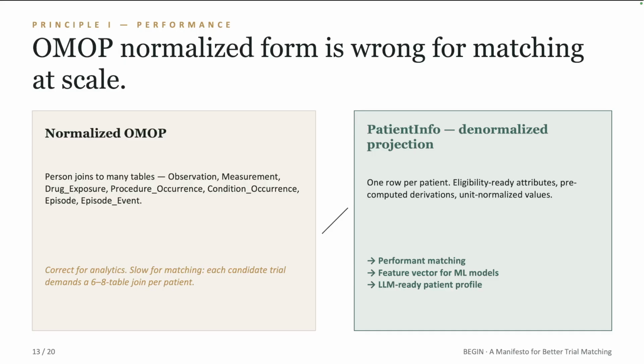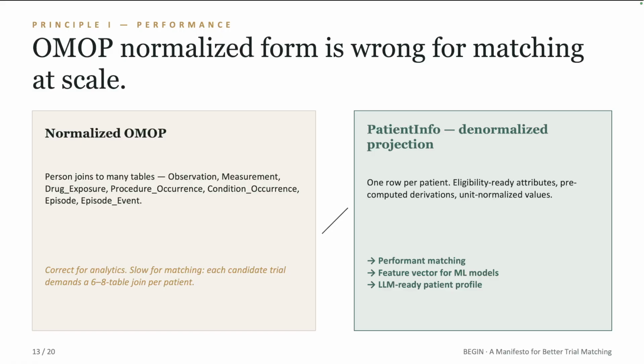You have a patient table and it points to other tables with lots of rows for things like the procedures and the lab measurements and the observations and the drug exposures, and you're not going to be able to do rapid matching over a large amount of trials with that. So we developed a different approach called CT-OMOP that I'll briefly mention later that flattens it out.